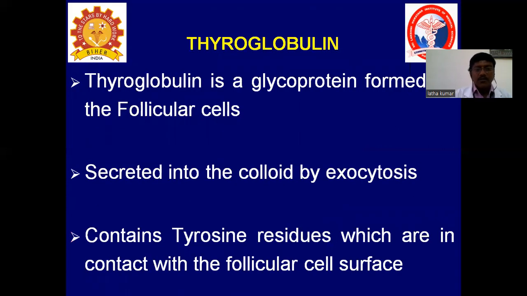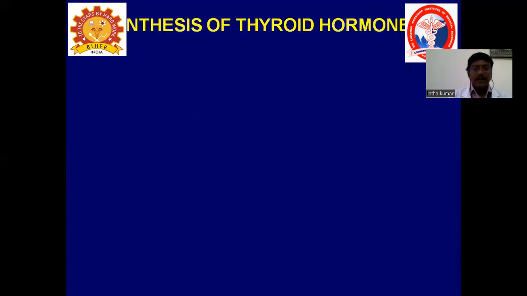Thyroglobulin. Thyroglobulin is a glycoprotein formed in the follicular cells and secreted into the colloid by the process of exocytosis. This colloid contains tyrosine residues which are in contact with the follicular cell surface for the synthesis of the thyroid hormones.